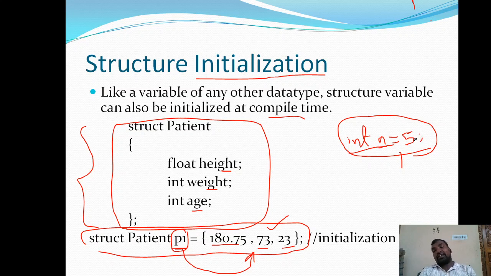Now a is a variable of integer type with value 5. That memory will be allotted, and 5 will be stored at the time of declaration only. In a similar way, these values are stored in the structure variable members. These are the values of the members of a structure variable patient.